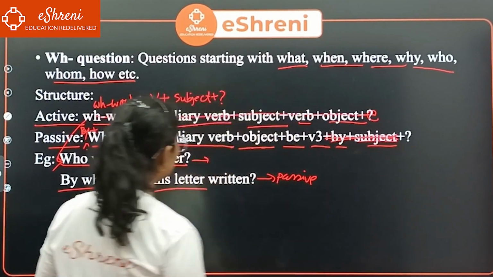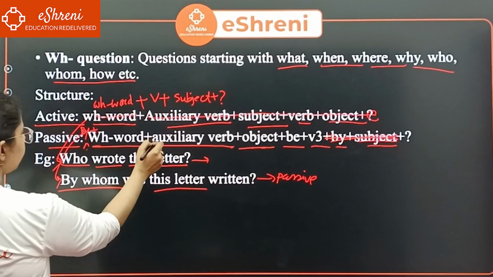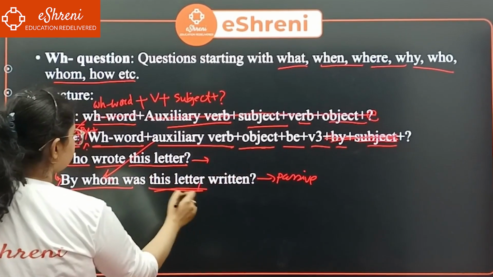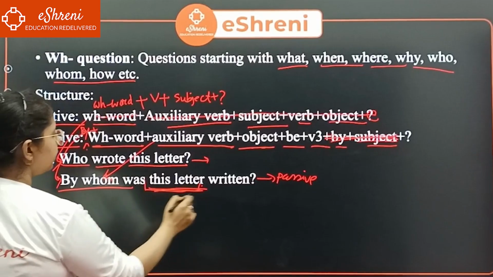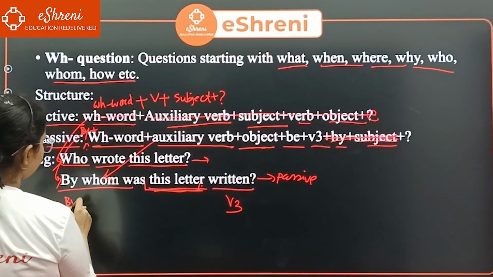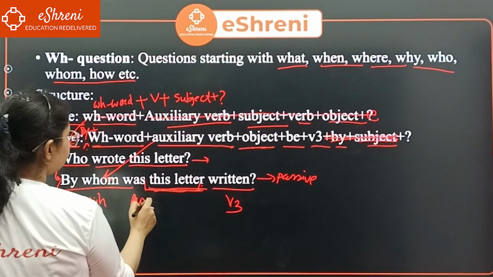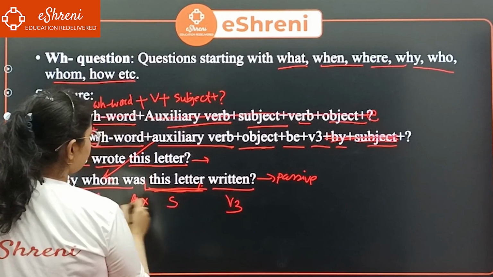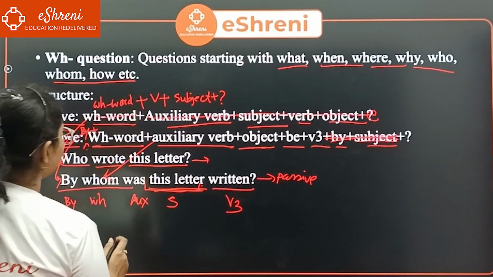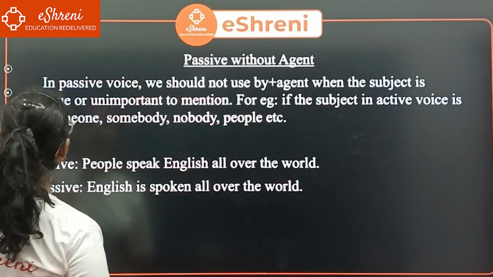All right, so there by will come first, by whom, auxiliary verb, next comes the object, this letter. By whom was this letter written, the V3 part. So that is how you change WH questions.